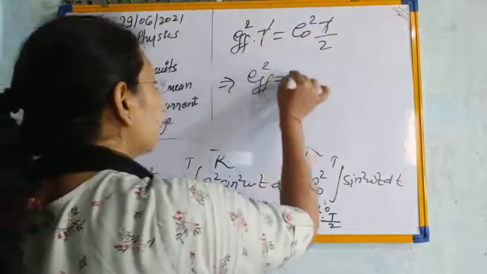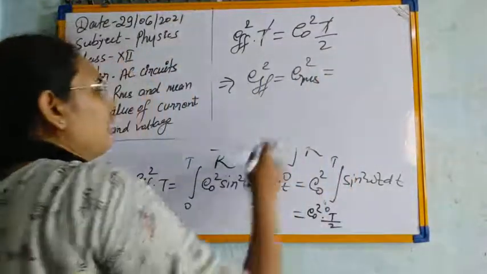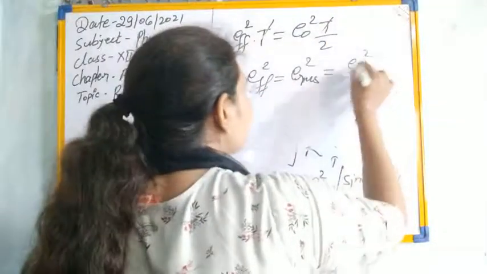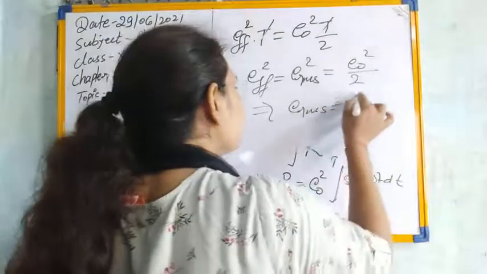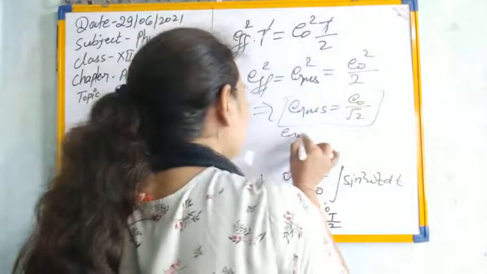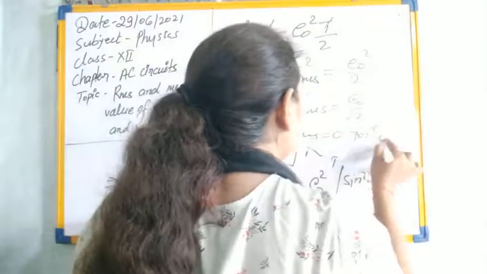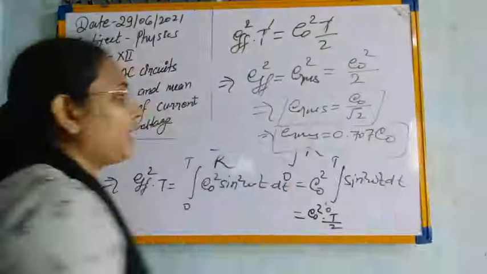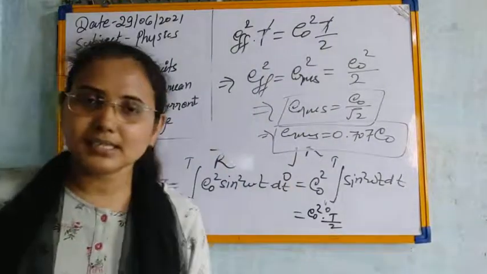Finally E effective square, or also we can write it E RMS square, is equal to E0 square upon 2, and from here E RMS is equal to E0 upon root 2, or E RMS is equal to 0.707 into E0. So this is the final value of the RMS value of the voltage for the AC signal.